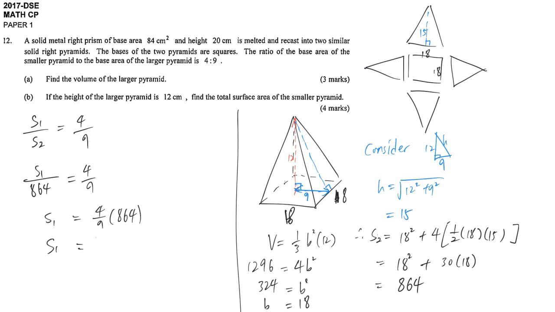We get 384 cm square. So that's all for this question.